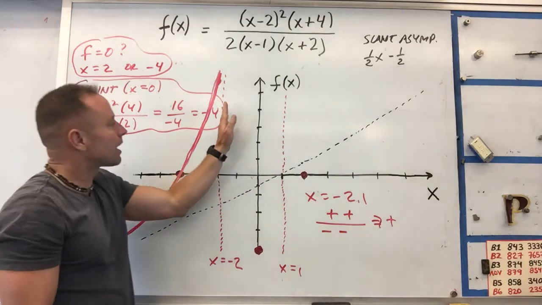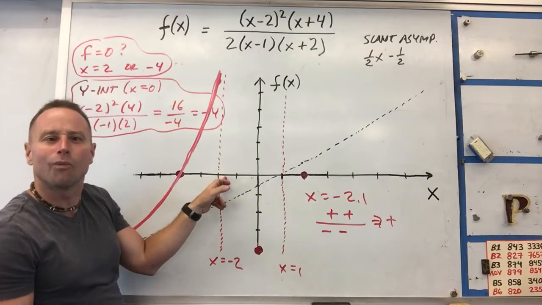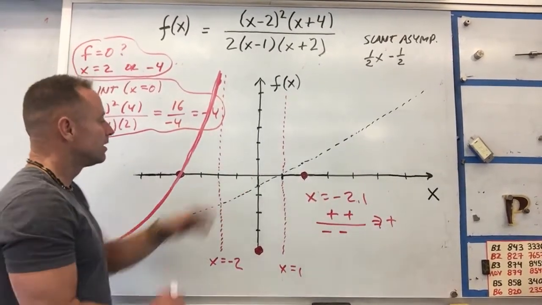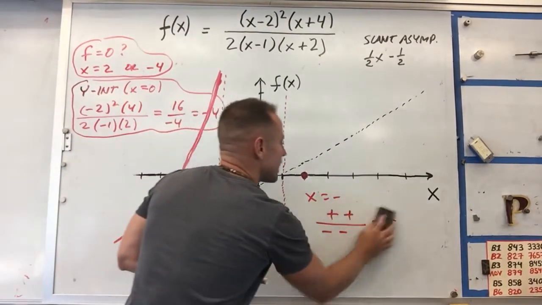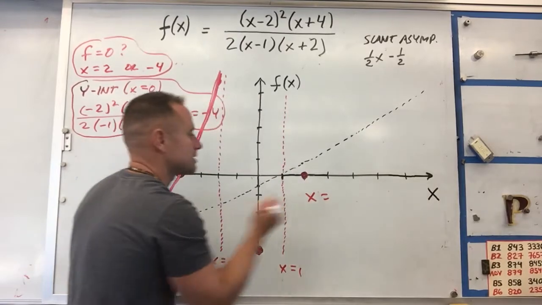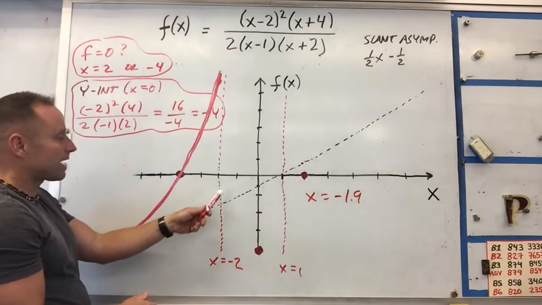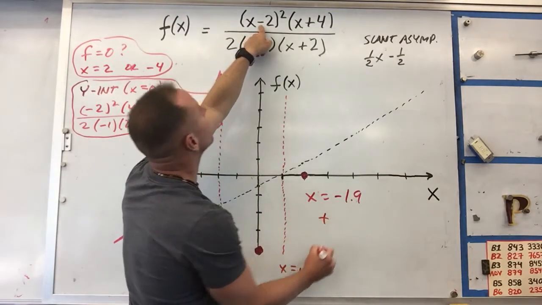So now we got to kind of work on this side. So let's just go left or right. So next we need to know what's going on at like negative 1.9-ish, right? So we need to kind of see what's happening there. So let's try that. So if we go to negative 1.9 and just repeat the process. Right, so here at negative 1.9, that term has to be positive because it's squared.